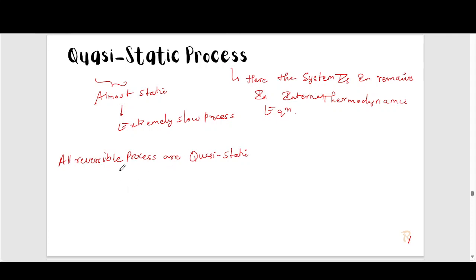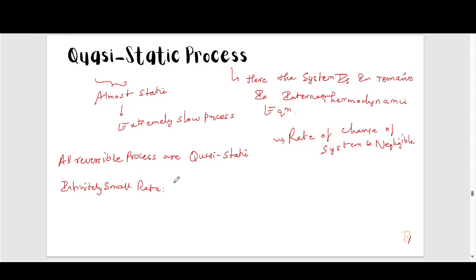Since the rate of change of the system is negligible, infinitely small rate, since the rate of change of the system is low.